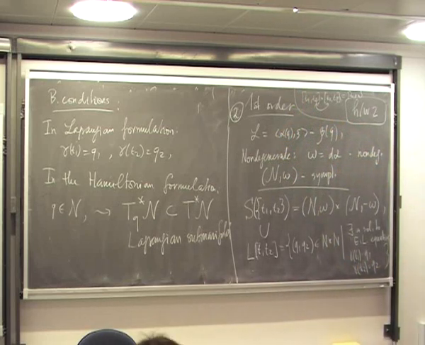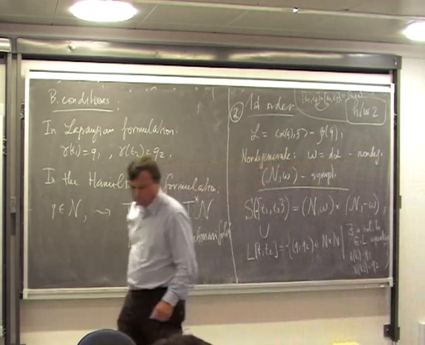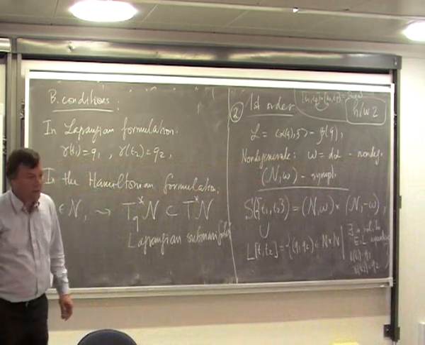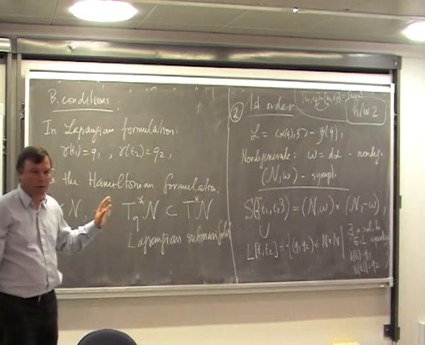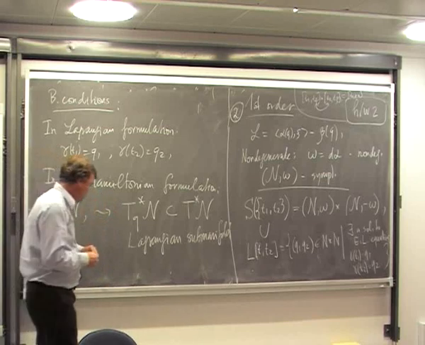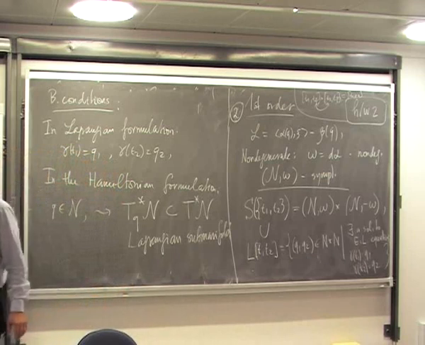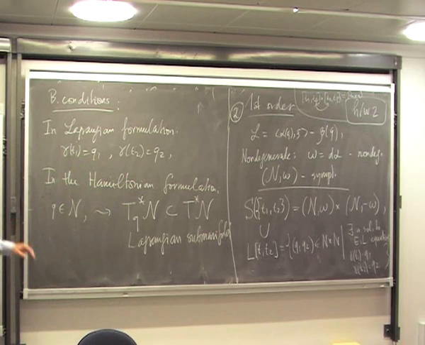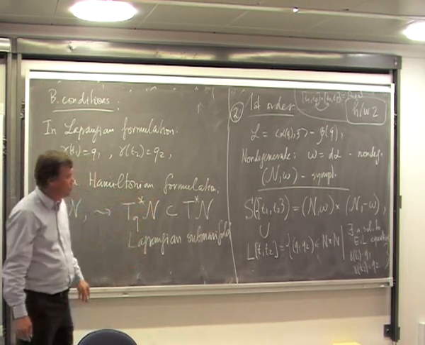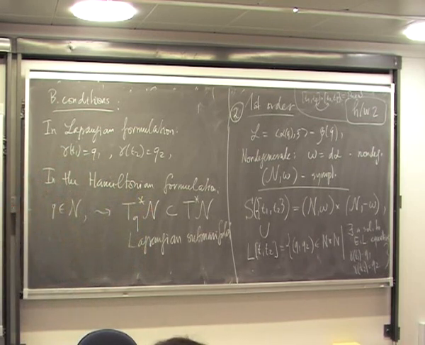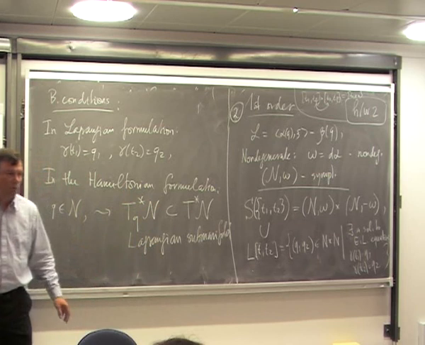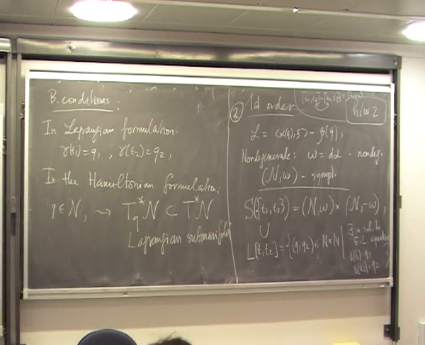Alright, and it's really late, so I think this is a natural division line between the finite dimensional cases and infinite dimensional cases. So next time I will start with the Hamiltonian formulation of the nonlinear sigma model and of gauge theory, and then we have the Hamiltonian formulation of Chern-Simons.